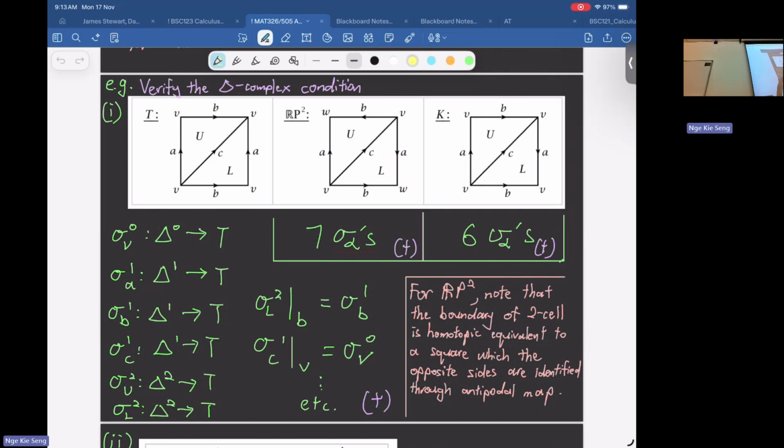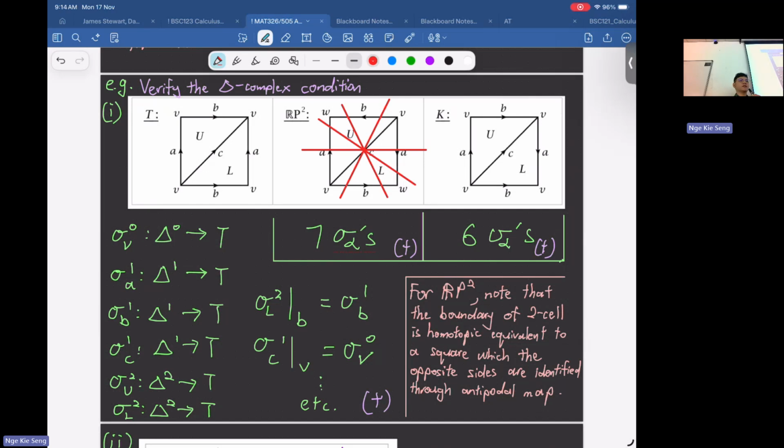And then if you draw all the antipodal points, you will see that the orientation is opposite on opposite sides. So it's really an opposite identification.